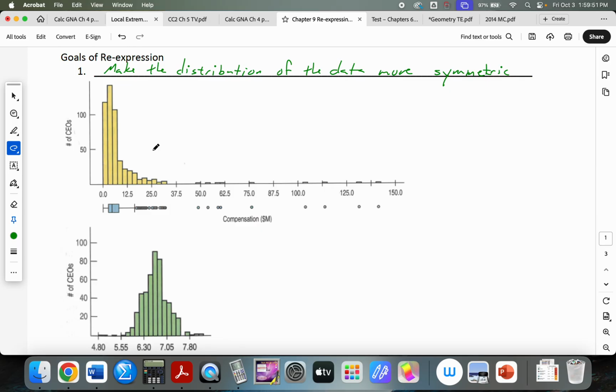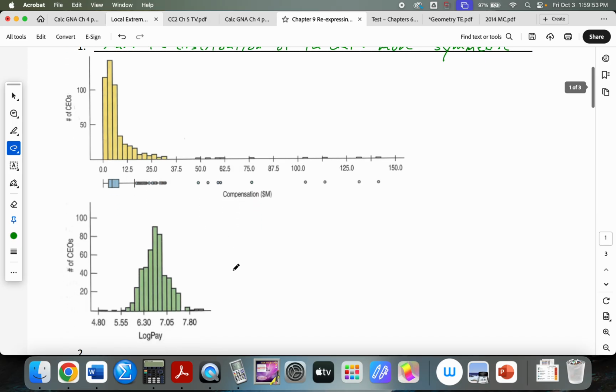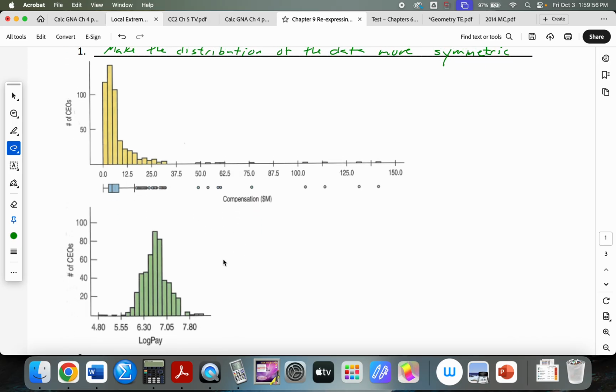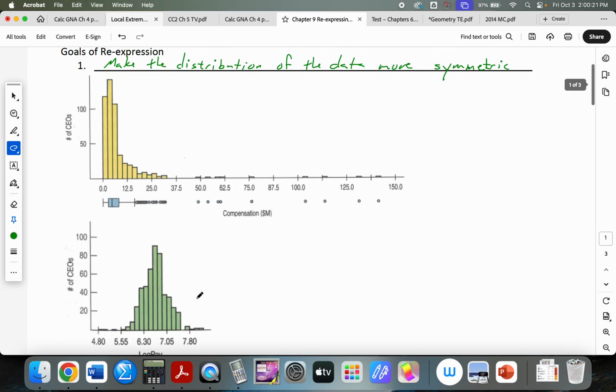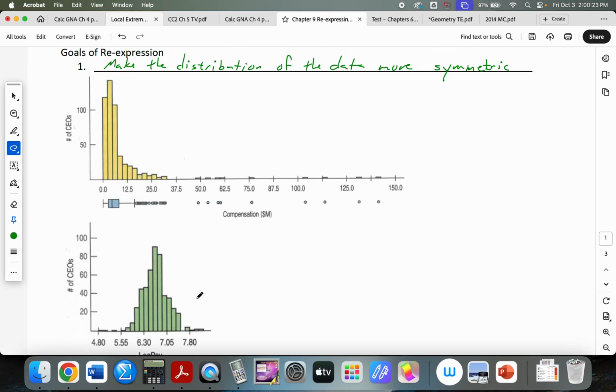No. But if we take the logarithm, and they do base 10 logarithms almost always, of the pay and the number of CEOs, notice this, although it may have an outlier over here, is way closer to symmetric, isn't it? Yeah. So a normal model is going to fit it much better than the other way around. So that's one of the things that you might want to re-express data for.